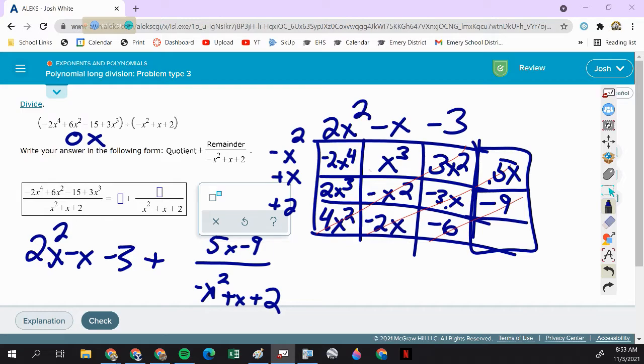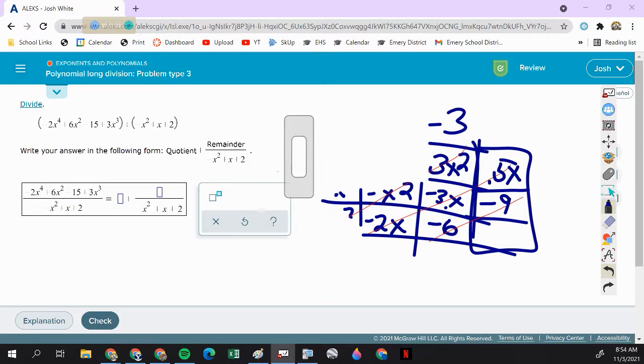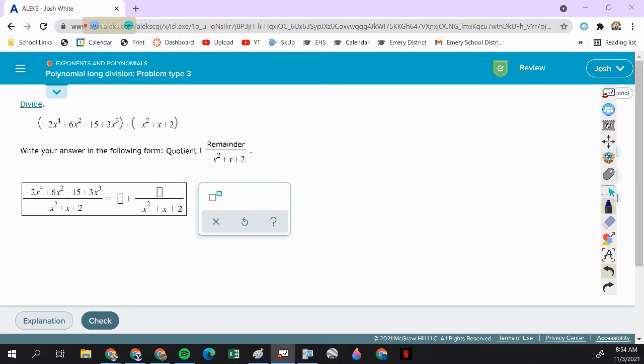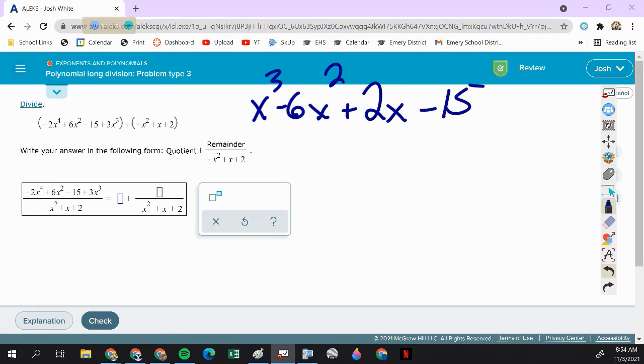Okay? There is a shortcut sometimes. Not all the time, but sometimes. So let's say I had x to the third minus 6x squared plus 2x minus 15, and I divided it by x minus 2.